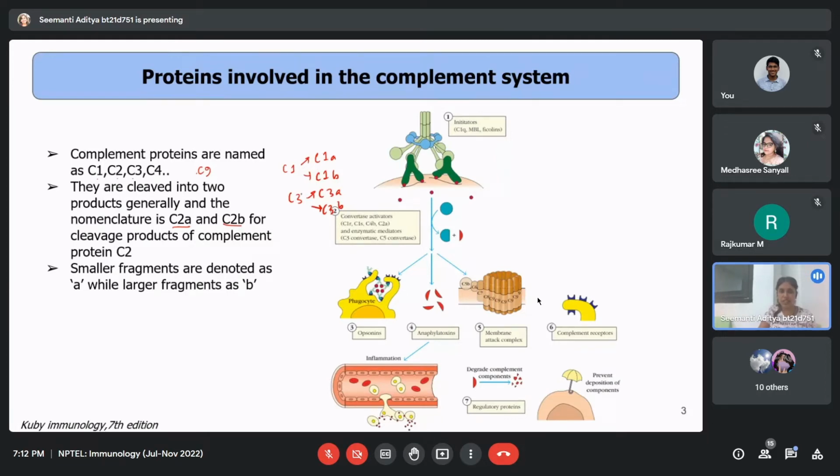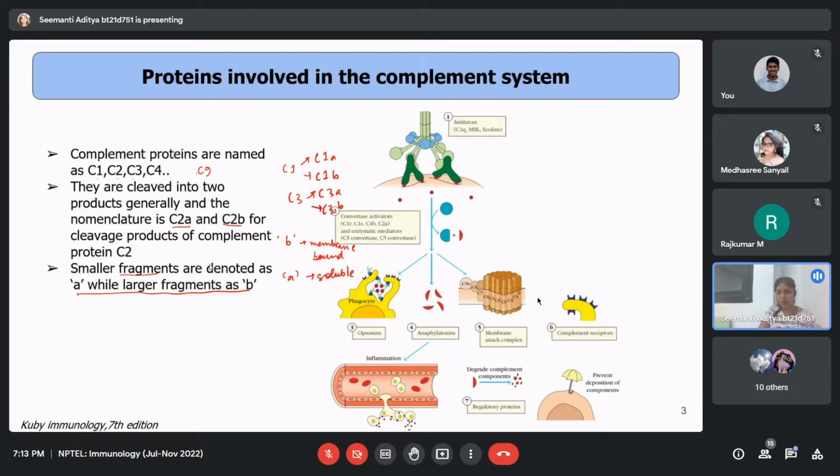In most of the complement proteins, the B part is the membrane bound part, and the soluble portion is mostly the A part, with some exceptions like C2, where it is the opposite. The smaller fragments are denoted as A, while the larger fragments are denoted as B. So this is what our complement protein nomenclature is all about.